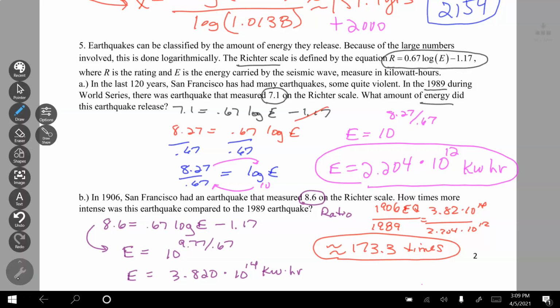If you want to use the difference in logs, another way you could have done it, you could have subtracted the Richter scale values and divided by 0.67. I would have had 8.6 minus 7.1, which is 1.5, divided by 0.67, and I could have done 10 raised to the 1.5 over 0.67, and you would have got the same number. I'll show that on the calculator.